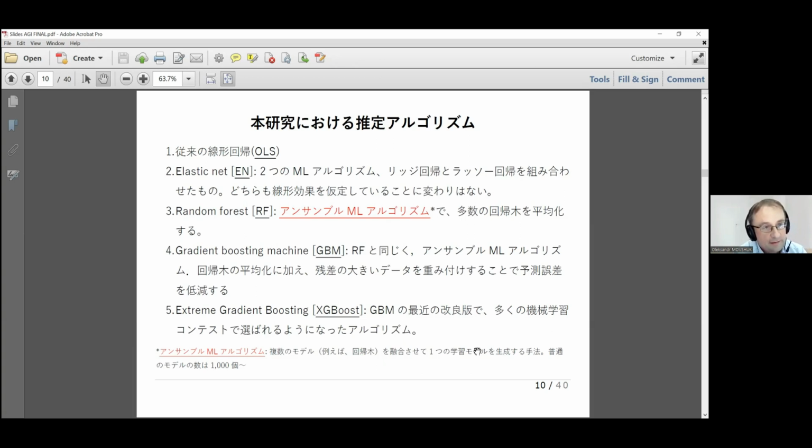It's very popular in machine learning textbooks, but this algorithm has one big drawback, that the effect is still linear. For example, in lasso regression, we can endogenously select the most important explanatory variables.